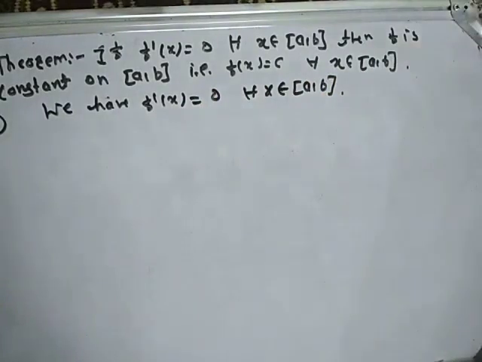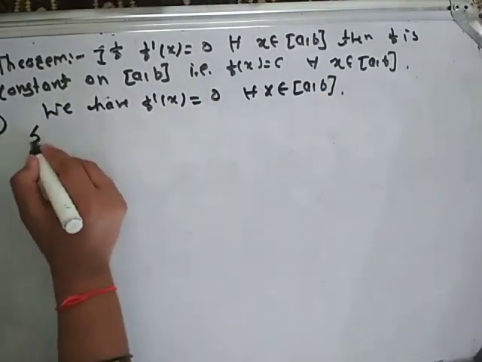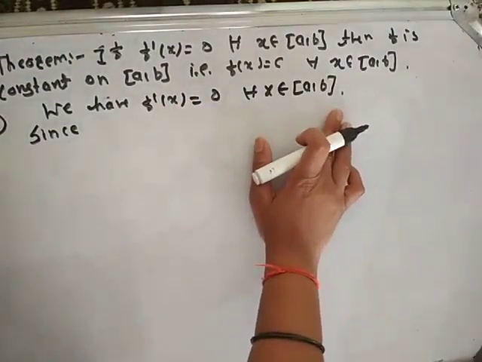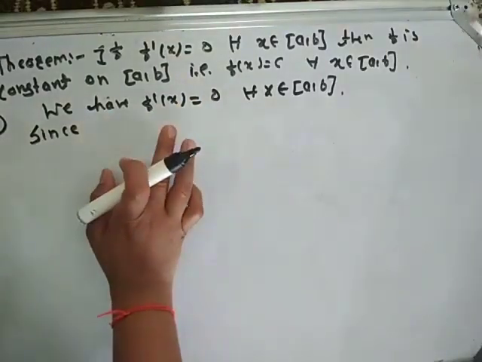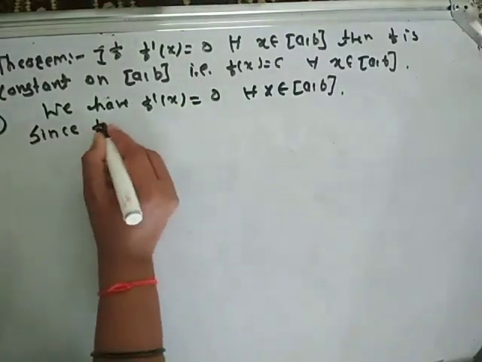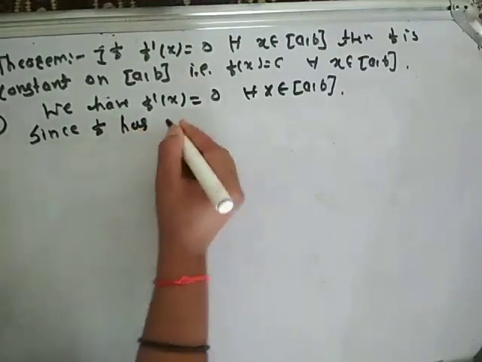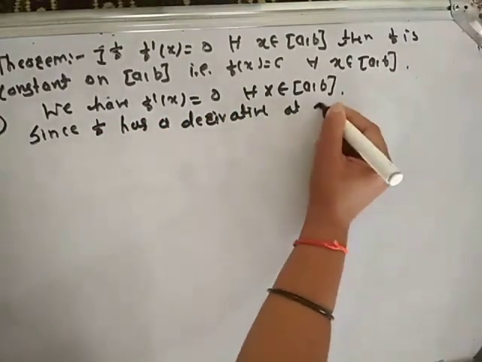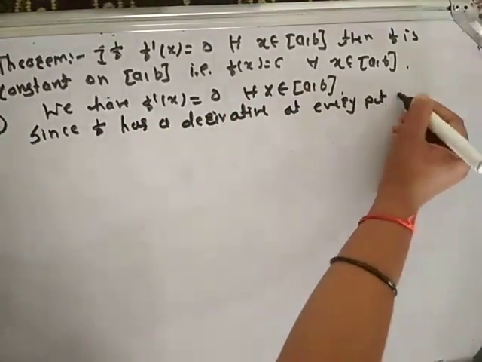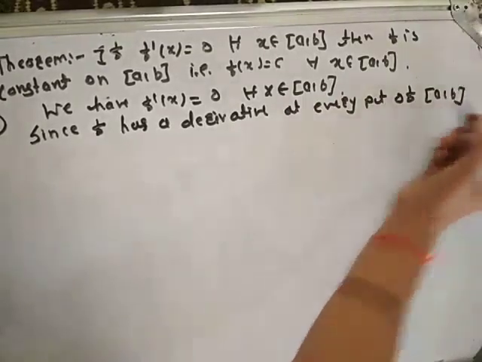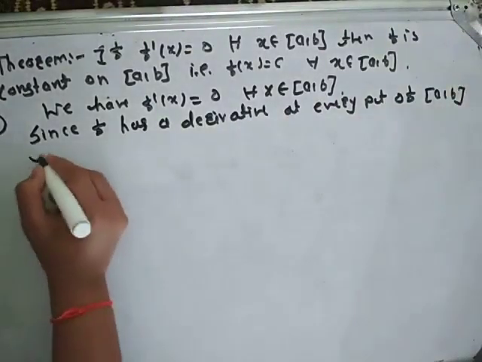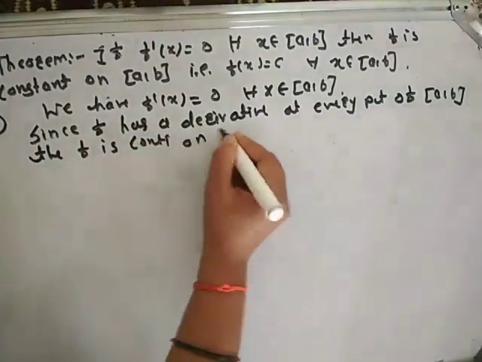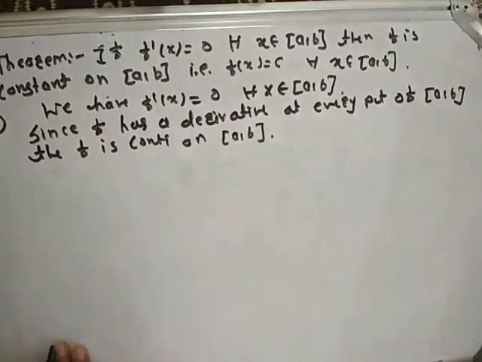Since f has a derivative at every point of closed interval [a, b], f is continuous on closed interval [a, b]. Why is this?